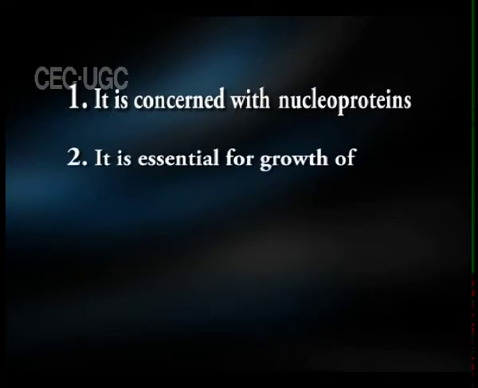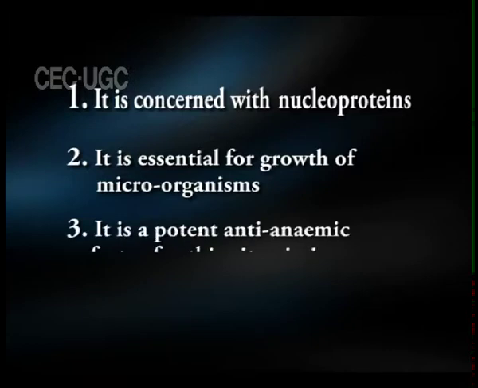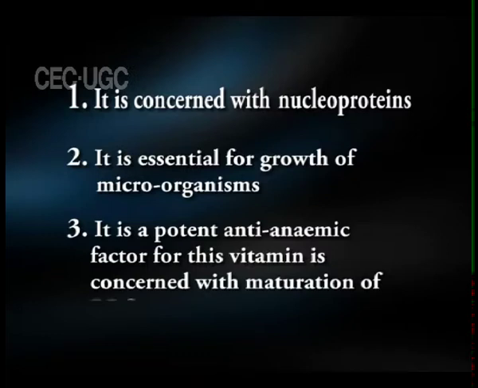Folic acid plays an essential role in cellular metabolism. Folic acid performs three main functions. First, it is concerned with nucleoproteins. Second, it is essential for growth of microorganisms. And third, it is a potent anti-anemic factor. For this, the vitamin is concerned with maturation of RBC.